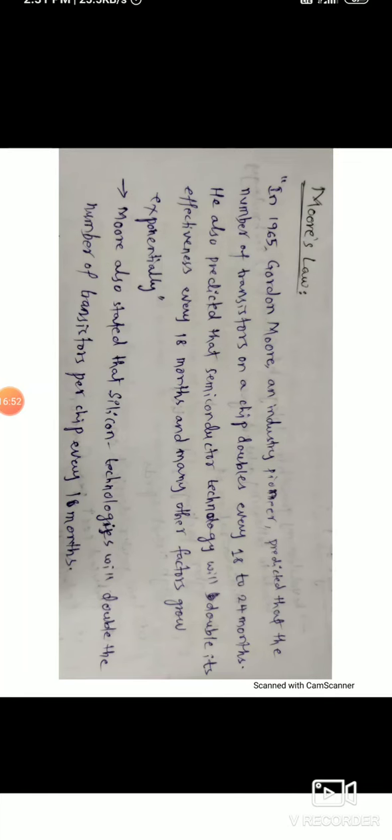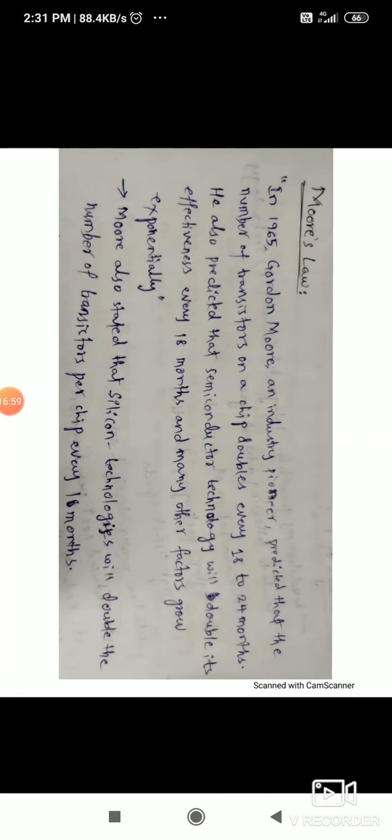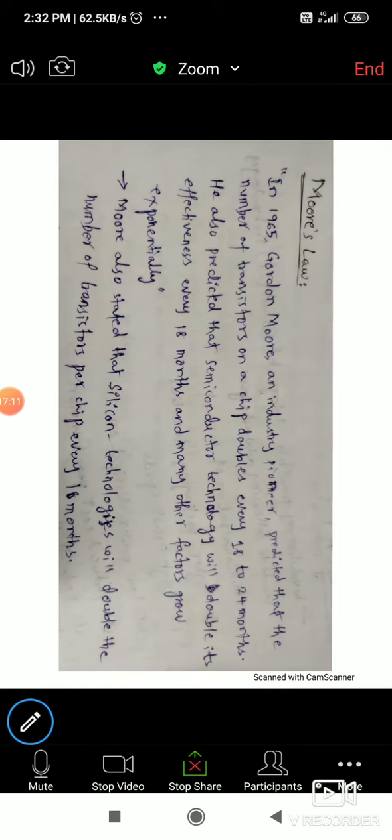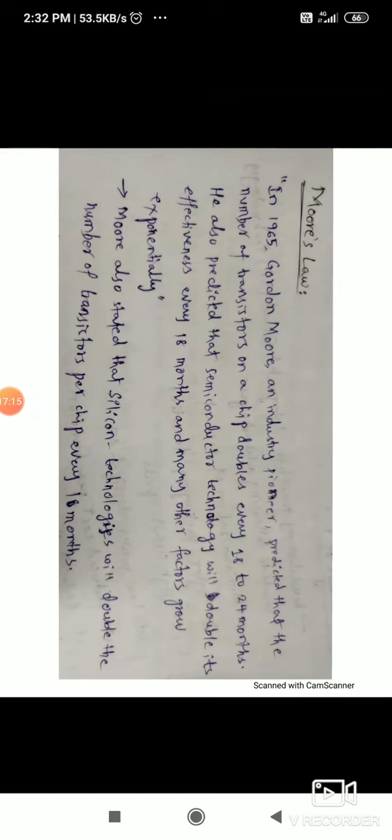In IC fabrication, more than 95% of the wafers or substrates are fabricated with silicon technology. That's why he predicted that every 18 to 24 months, the number of transistors per chip increases.